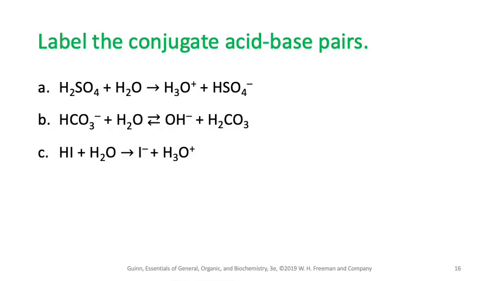Now let's try to do this problem using all the concepts that we just learned about the conjugate acid and base pair. The first example says sulfuric acid, H2SO4, reacts with water, and gives you a hydronium ion and HSO4 negative. You have to tell what the pairs are. H2SO4 is converting into HSO4 negative, and H2O is converting into H3O plus.